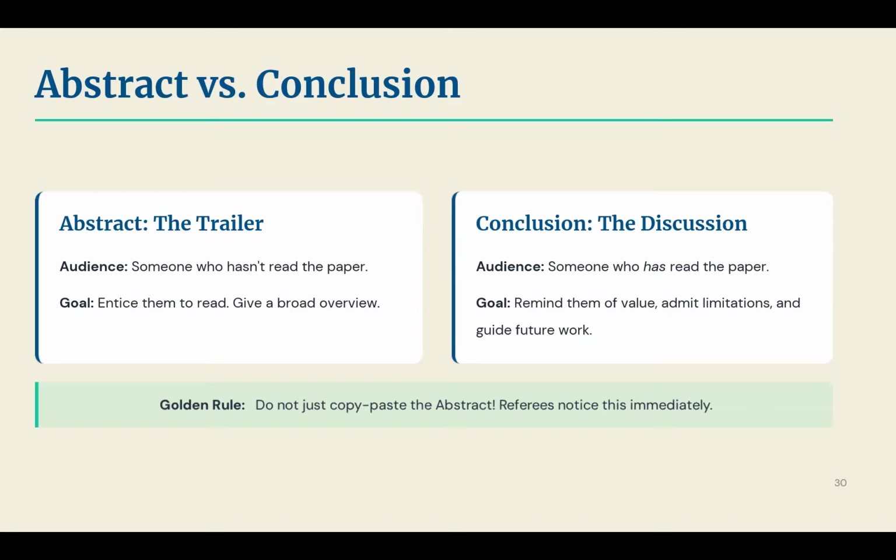One golden rule that I have to tell you is, when you write your abstract, do not copy and paste from any part of your research, because referees can simply notice it. They have very sophisticated text comparison and analyzers that will trace and flag where you copied and pasted.